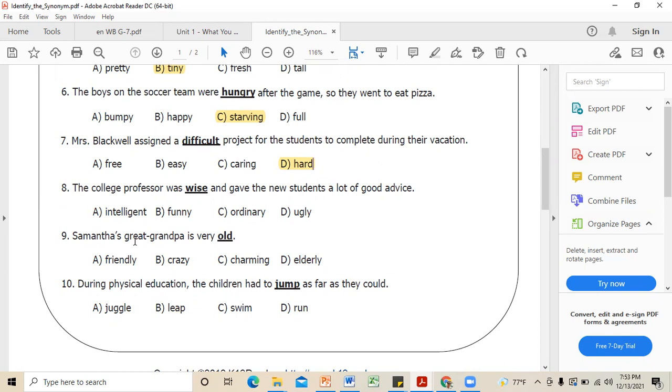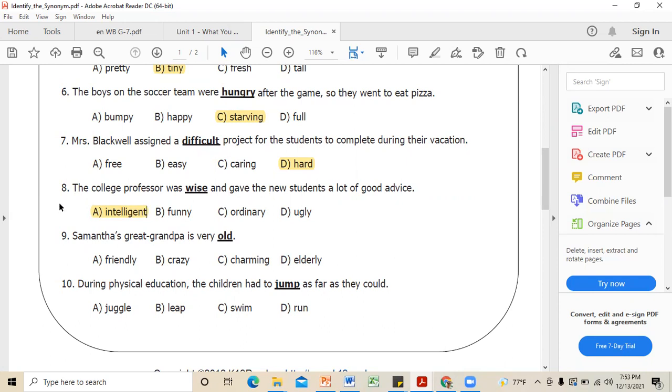The college professor was wise and gave the new students a lot of good advice. Wise and intelligent. Yes, very good. So wise means intelligent, right? So we talked about intelligent earlier as well, someone who had a lot of wisdom, who has a lot of knowledge.